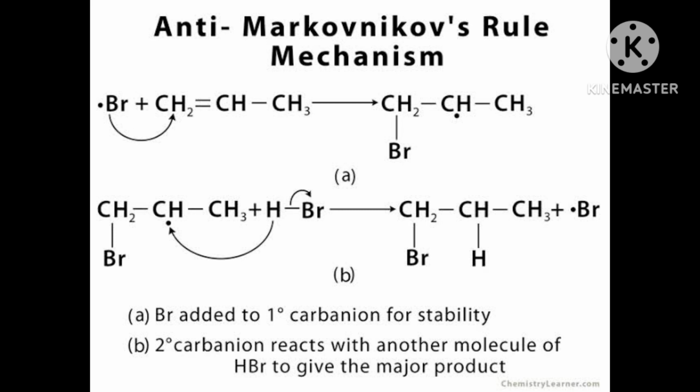Now what is this peroxide effect, or Kharasch effect, or anti-Markovnikov rule? In the presence of peroxide, addition of HBr to an unsymmetrical alkene like propene takes place contrary to the Markovnikov rule, meaning opposite to the Markovnikov rule.